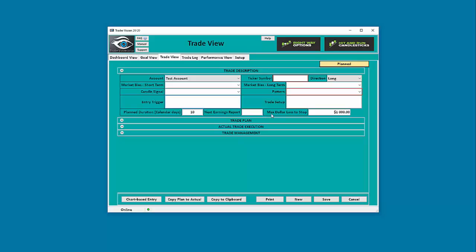In this case, we've specified for this account that we are going to plan the shares to buy or sell, in this case for a long buy, based on the max dollar loss to the stop or the max risk that we're willing to take between the entry price and the stop loss price. And again, this was specified at the account level, but perhaps you change that on a trade-by-trade basis based on something like the overall market condition.